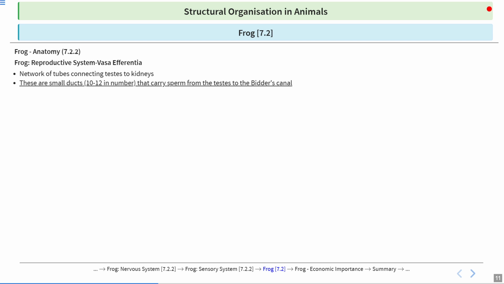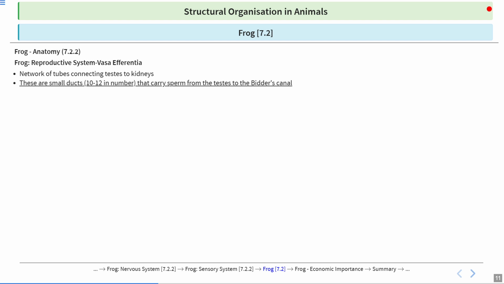So these are small ducts, 10 to 12 in number. Ducts means tubes. These are small tubes, 10 to 12 in number, that carry sperm from the testes to the Bidder's canal. Now, this organ is very, very important from the examination point of view. The question can be asked on this Bidder's canal. What is this Bidder's canal?